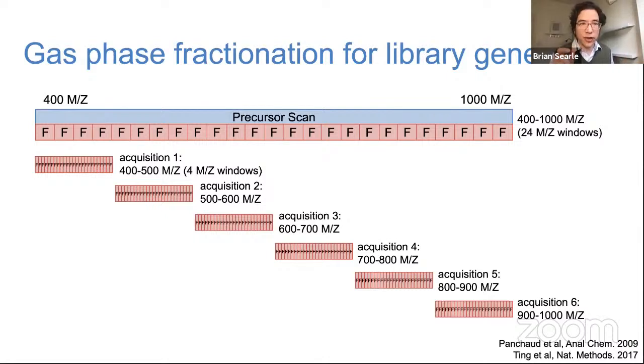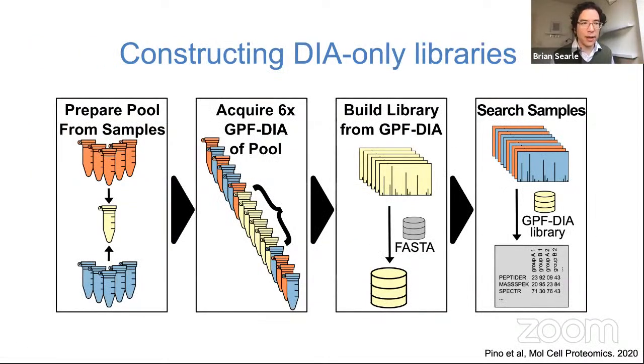PRM isolation is about 2 m/z wide windows, but it's PRM for every peptide in the proteome. You can't do this for every sample, because that would be way too much work to do 6 injections for every sample. But you can do it for a pool very efficiently. So in this particular case, I would acquire my 30 orange and blue samples and my 6 gas phase fractions for my pool. And so now I've got 6 injections of PRM quality data.